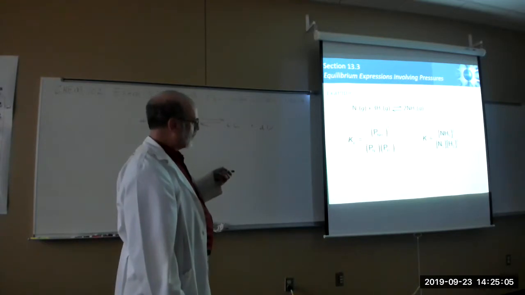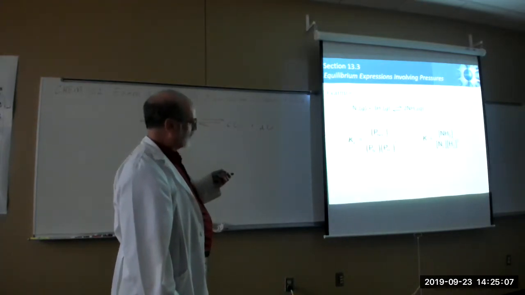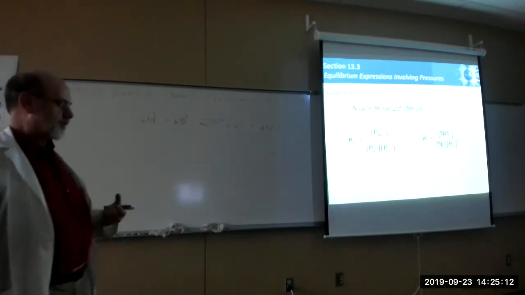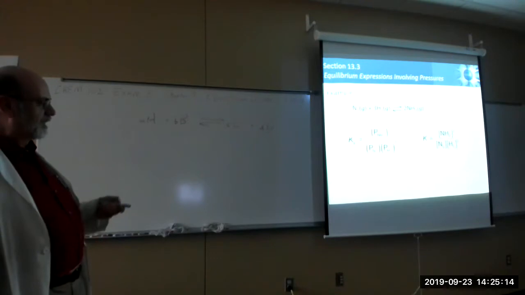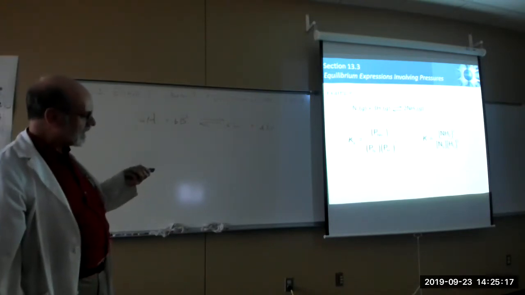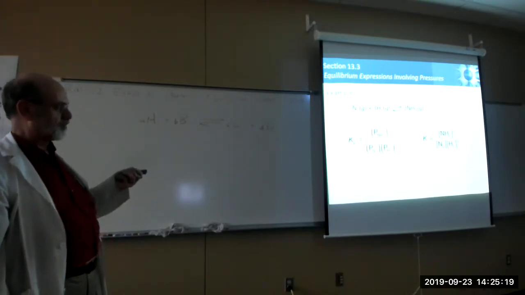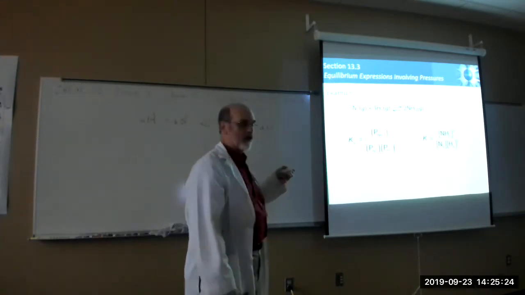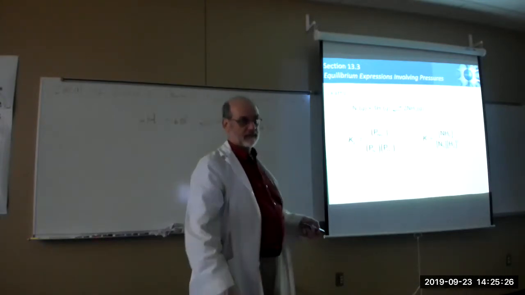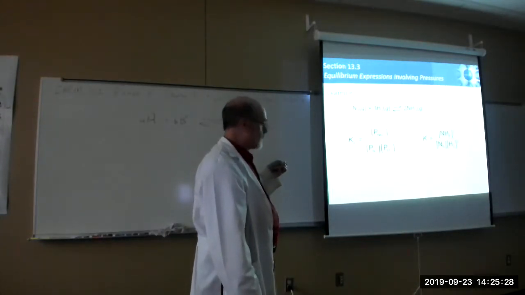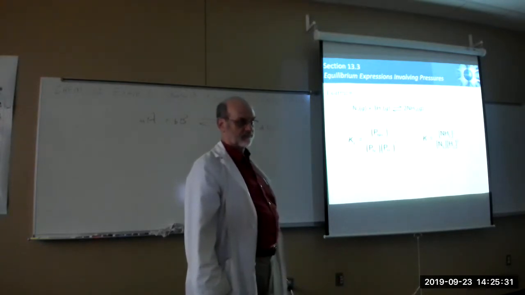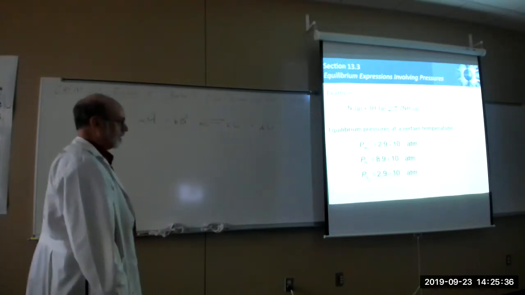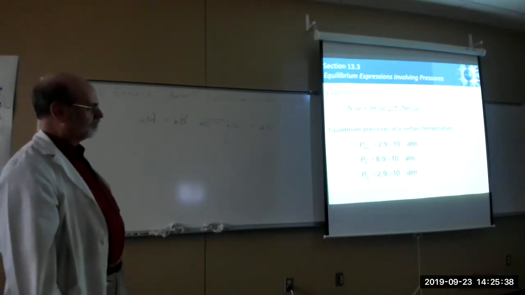You would just have the power up here as a superscript. And we would specify the K as case of P because these are in partial pressures. Now, these are going to give you different values because they're different units of measure. Right? So this K does not equal that case of P. Okay. They're related, and maybe we'll get to that too.